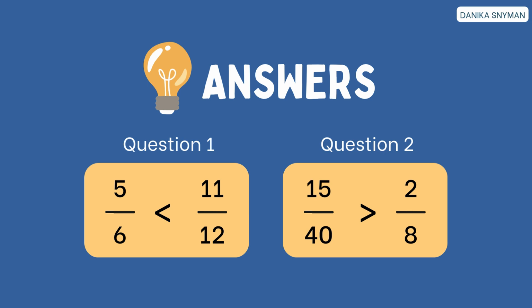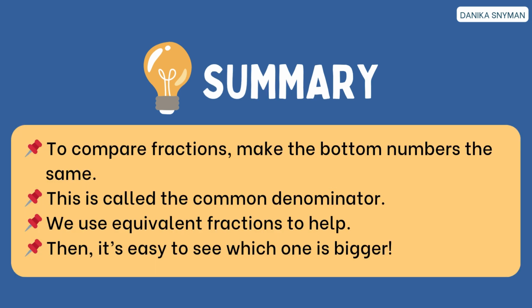The 15 becomes a 3, and the 40 becomes an 8, because we want the 40 to change into an 8. So that means 2 on 8 is smaller than 3 on 8. The biggest number here will then be 15 on 40. So let's check the answers.